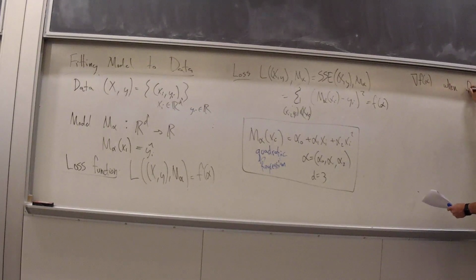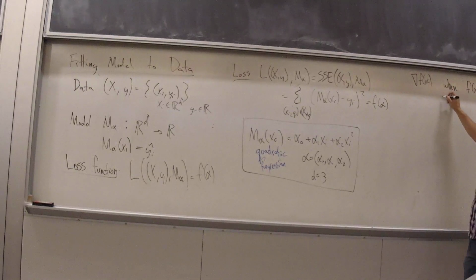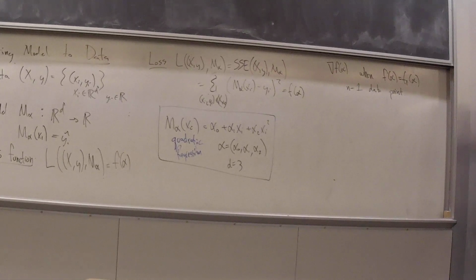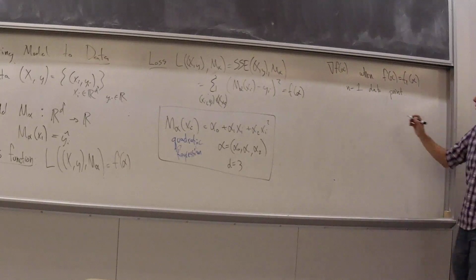I'm going to say when f of alpha equals f1 of alpha, meaning that there's only n equals 1 data point. Let me write it out for this case first. So there's going to be 1 data point.